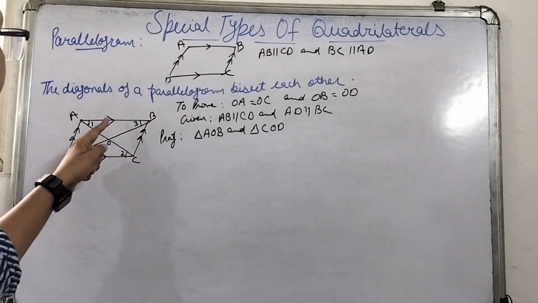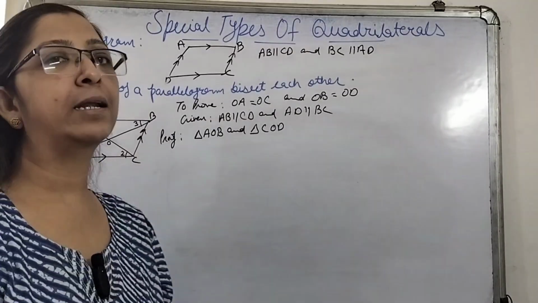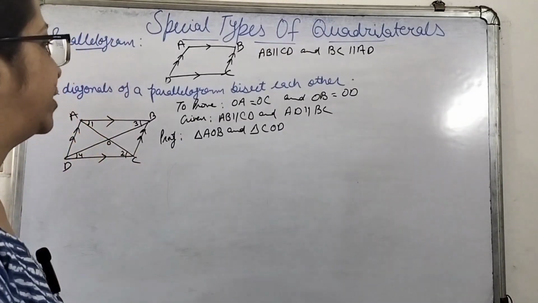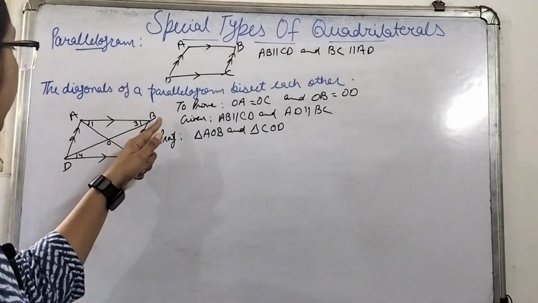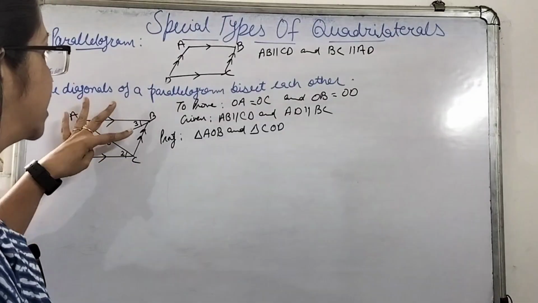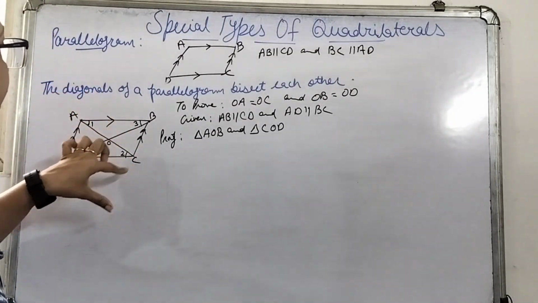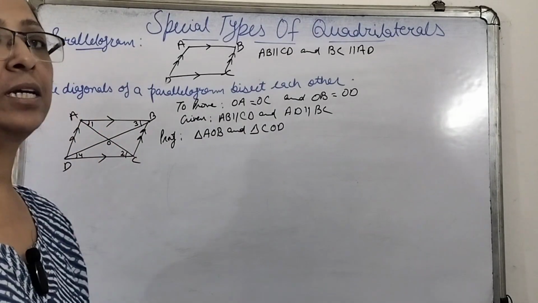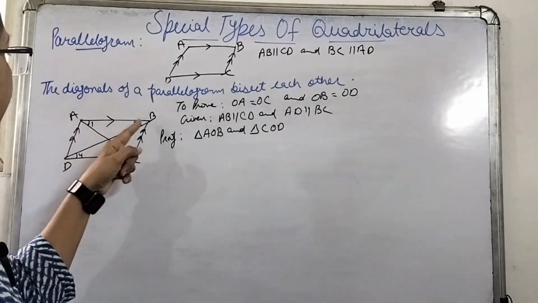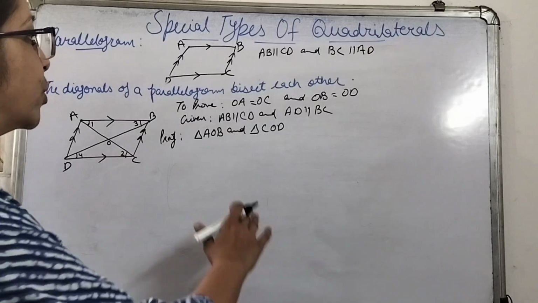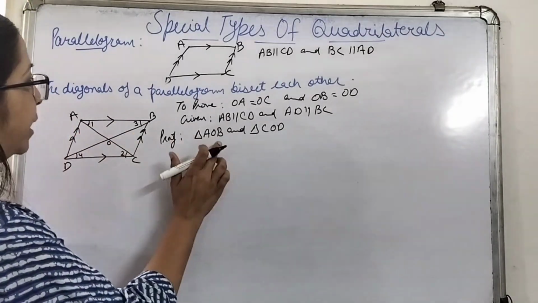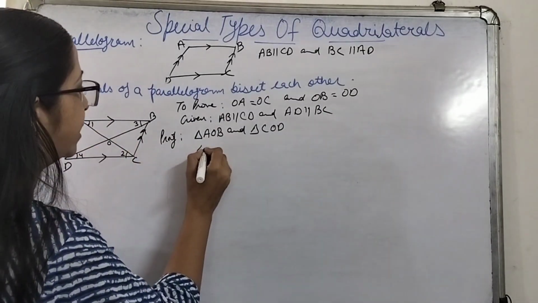And just now we have proved that in a parallelogram, opposite sides are even equal. That means AB will be equivalent to CD because it is a parallelogram, it is given to us. So we can take it as AB is equivalent to CD. So in these two triangles, in the triangle AOB, angle 1 is there.